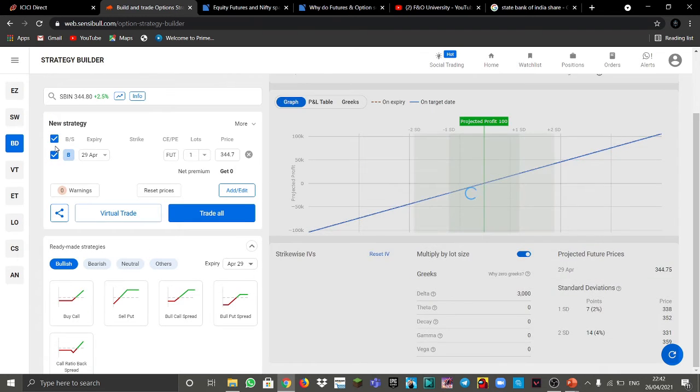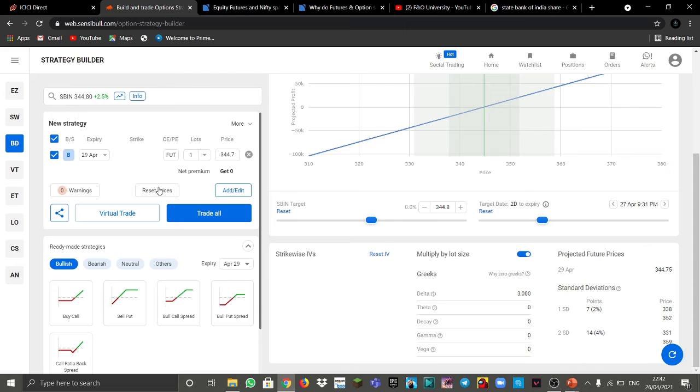So you see, I have opened a future contract for SBI for 29th April expiry. I will be looking to buy one lot at 344.7 rupees. What is the exposure that I have?